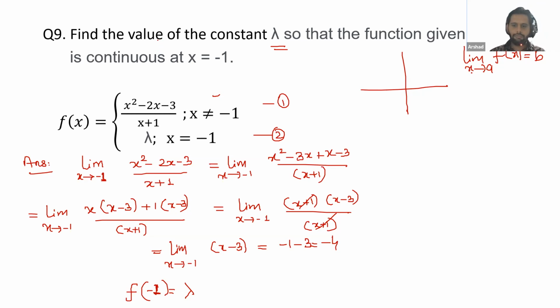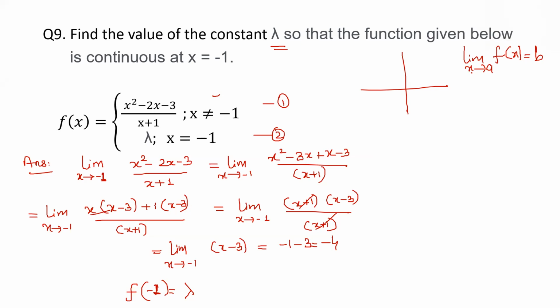Umair, your doubt is how did it become 3x minus? In which step, Umair, do you have a doubt? In the second step. Here, we have taken x common from this x and minus 3x, and from the next one, we have taken 1 common.